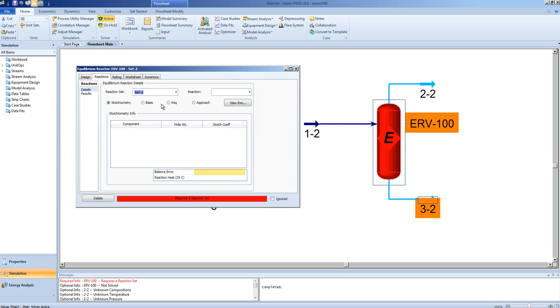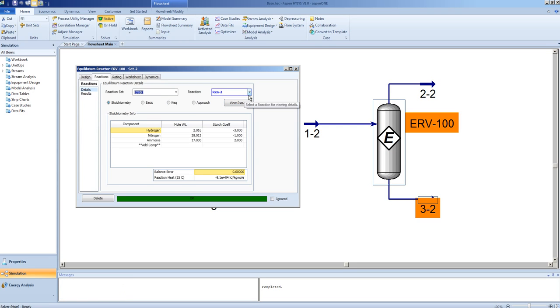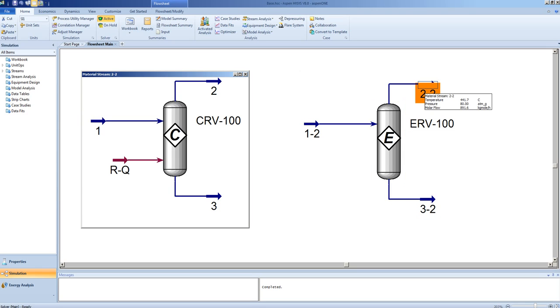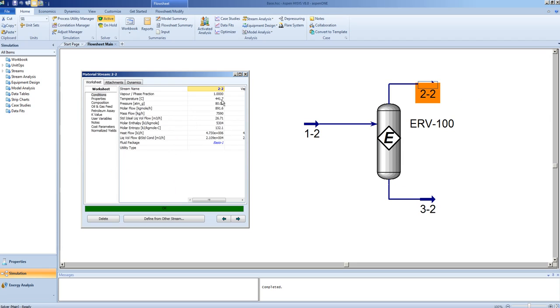Specify set 2, and it knows that reaction 2 is applicable. It is using Gibbs free energy method to determine the K equilibrium, and we can see that it has predicted an outlet temperature of 441.7.